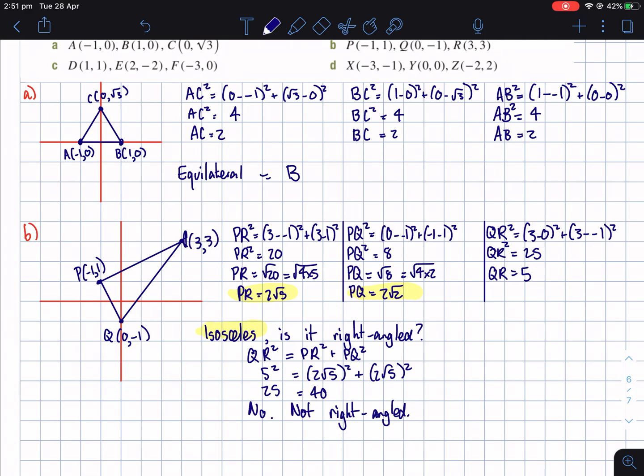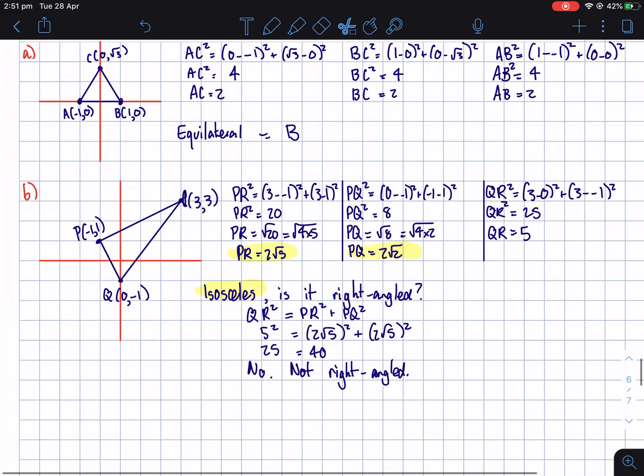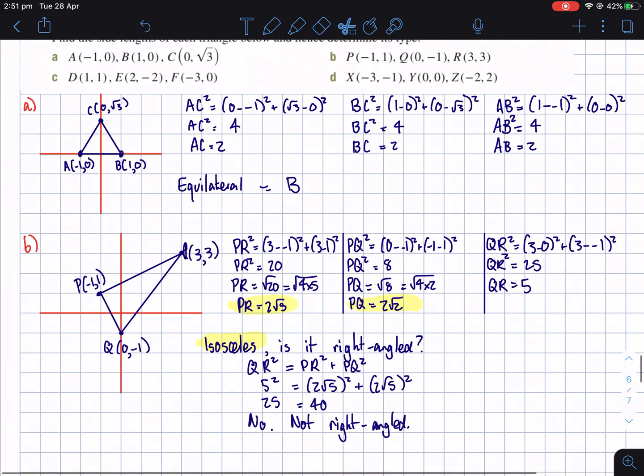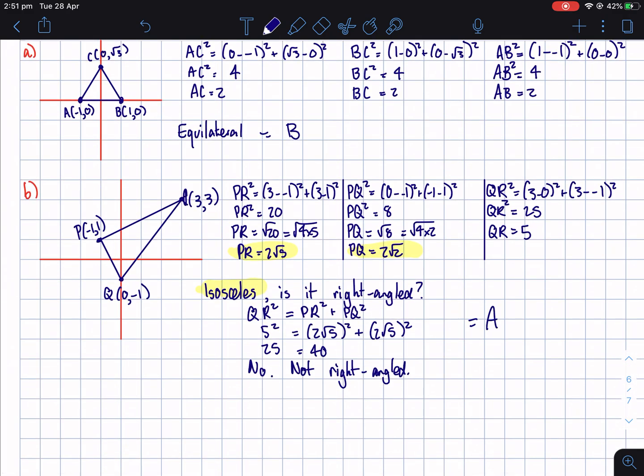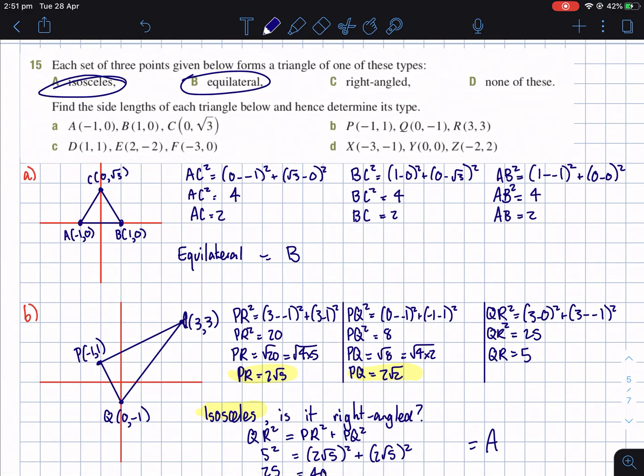Okay, let's have a look at question C. I'm going to copy this. Oh, so isosceles was answer A. Isosceles.